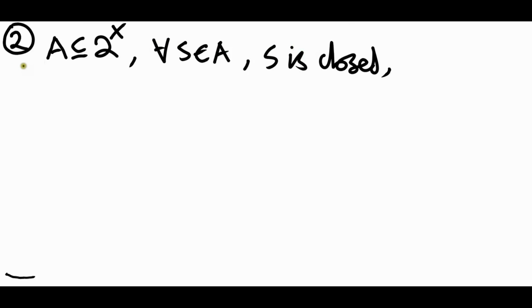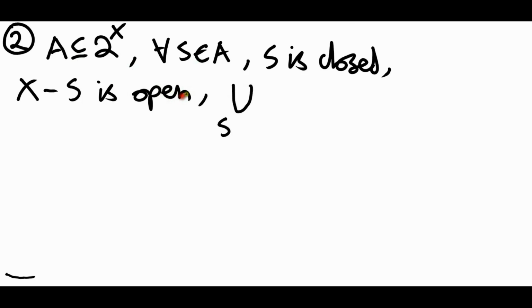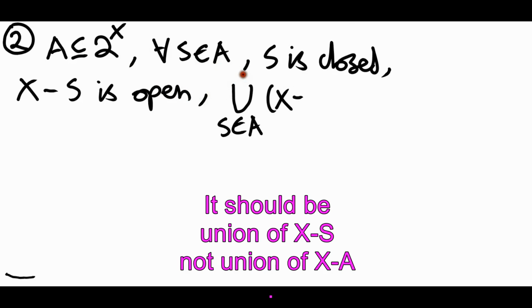Well, importantly, it means that since S is closed, the complement of S is open. And what that means is that if we take the union over all members S of A of X minus S, that's the union of a collection of open sets.